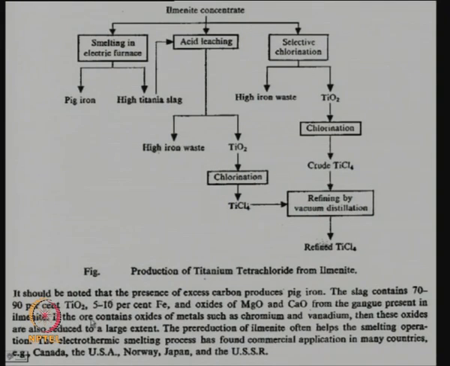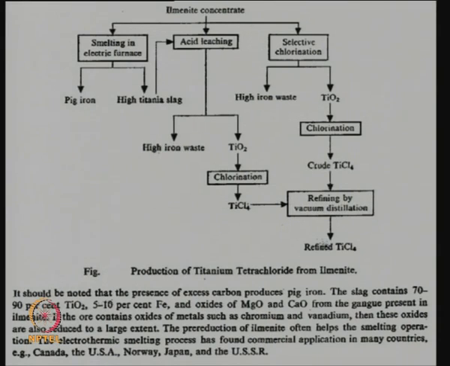If the ore contains oxides of metals such as chromium and vanadium, which are very often present, then these oxides are also reduced to a large extent. And if they are reduced, they will enter the pig iron. Pig iron will contain that chromium. If not reduced, vanadium may go into the slag phase.